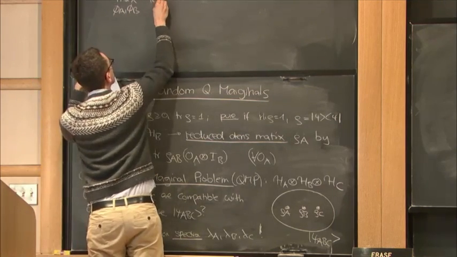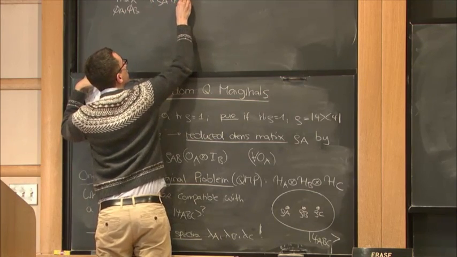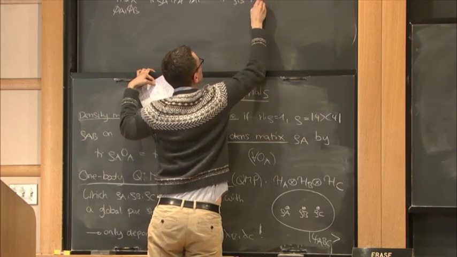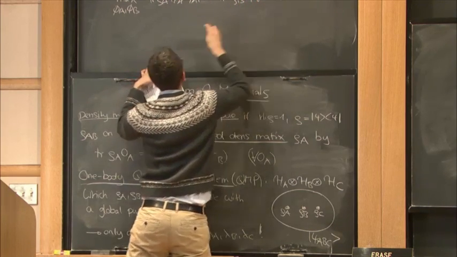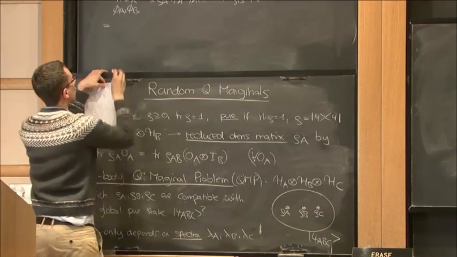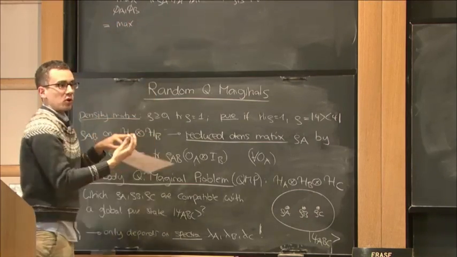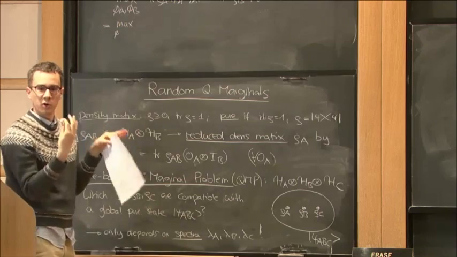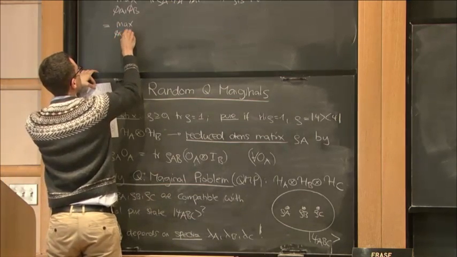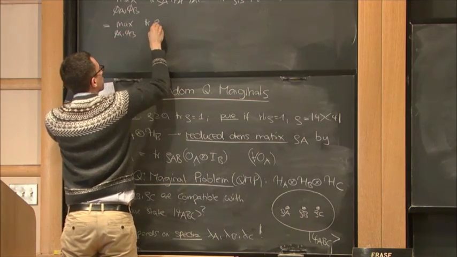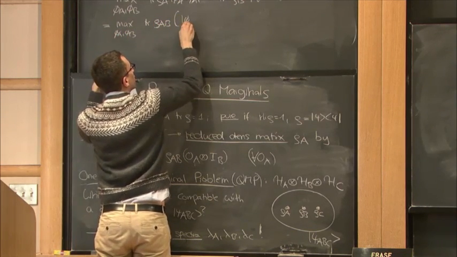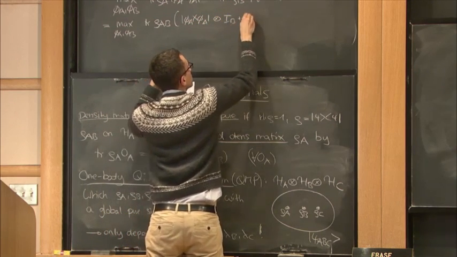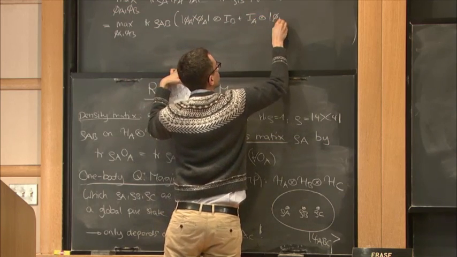So this is max, trace rho A, project onto A, and I will now become sloppy and use this notation. Now let me rewrite this in terms of the global state. What I'm saying is take two unit vectors and maximize over all these choices of unit vectors. So I still have two of these unit vectors, and I'll write this as rho AB times the projector on A times the identity on the B system, plus the identity on the A system times the projector on this unit vector B.